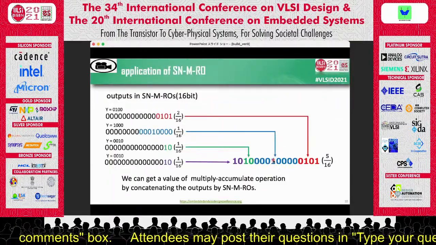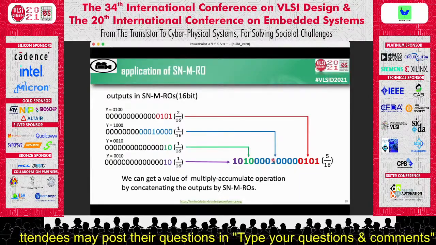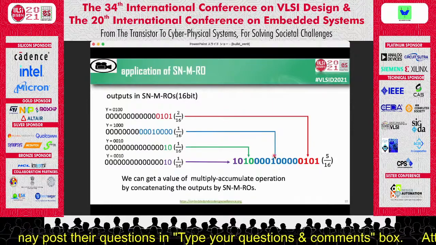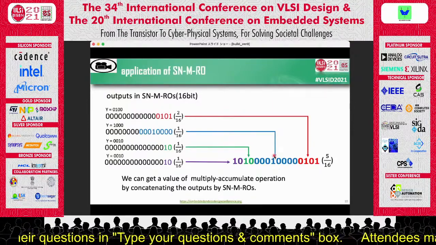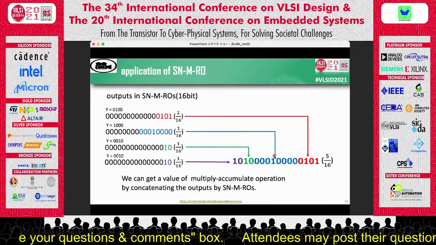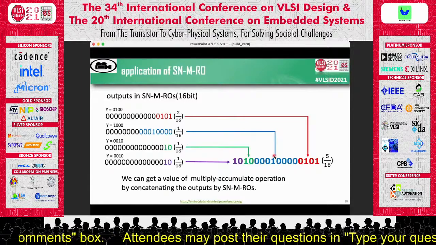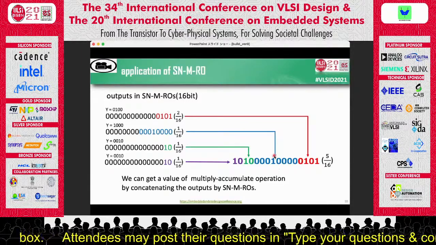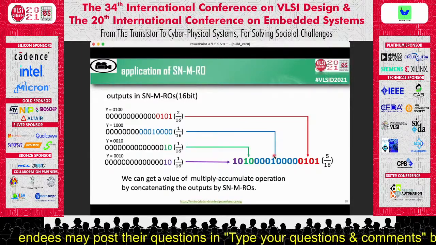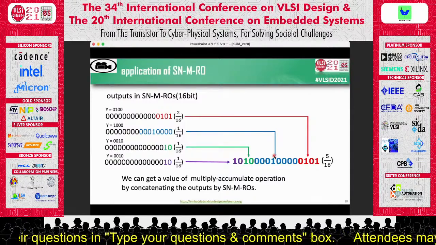For example, if we want to add 4 multiplication results, we move the first multiplication to the first 4 bits, red here, and the next one to the second, blue one.